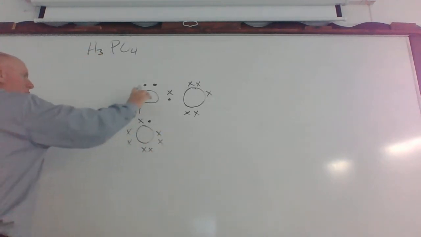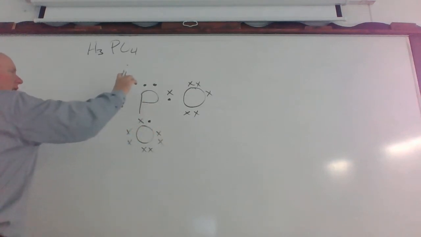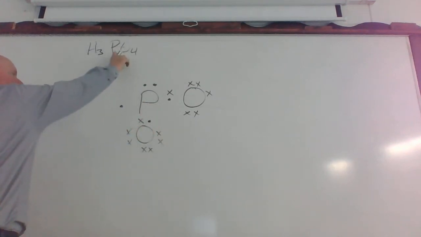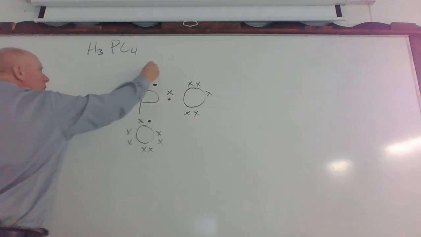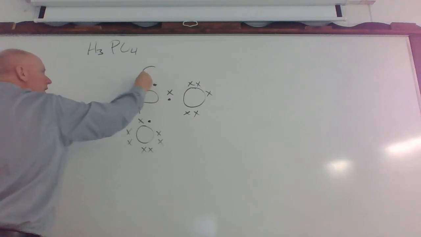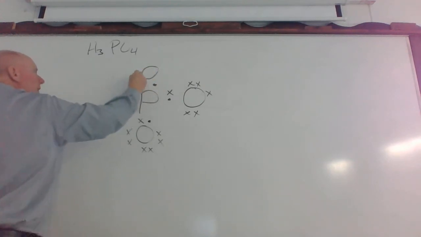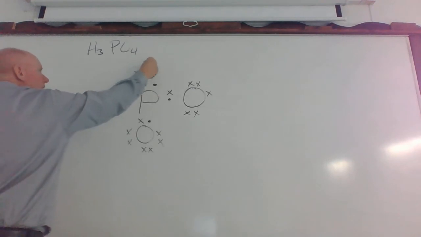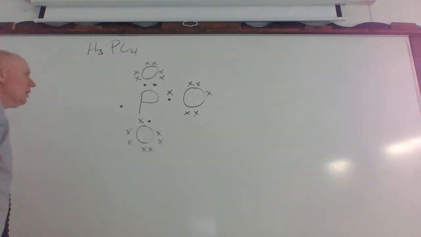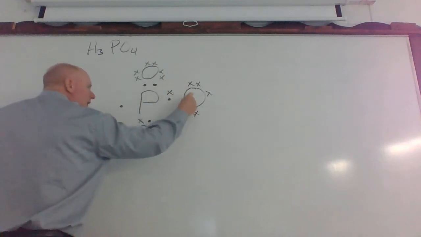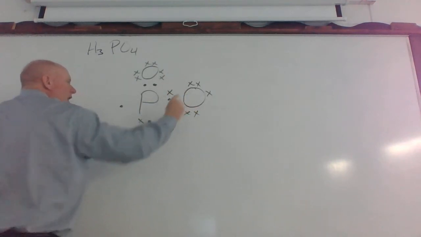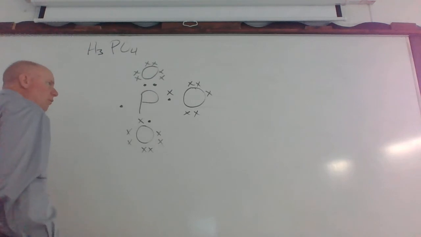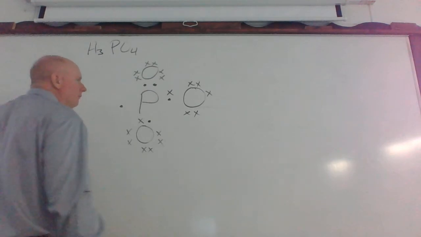So you would work your way all the way around with those oxygens, but you have 4 of them. So what we can do is create a coordinate covalent bond and do one of these. Okay? So you'll notice that how many electrons short is that oxygen?